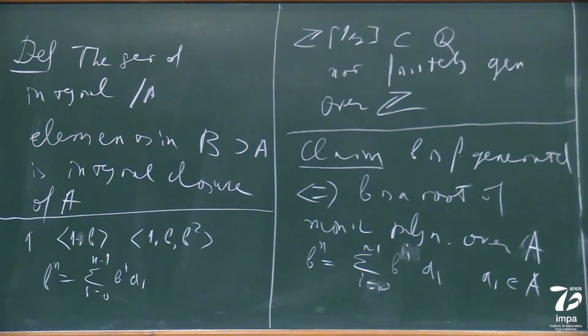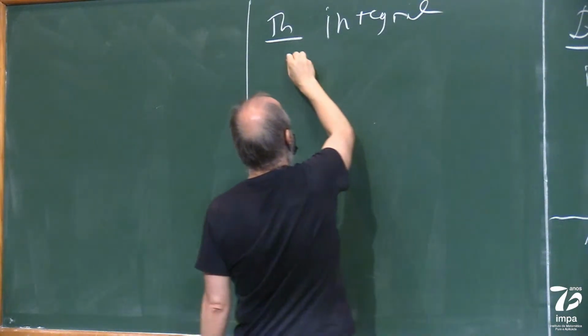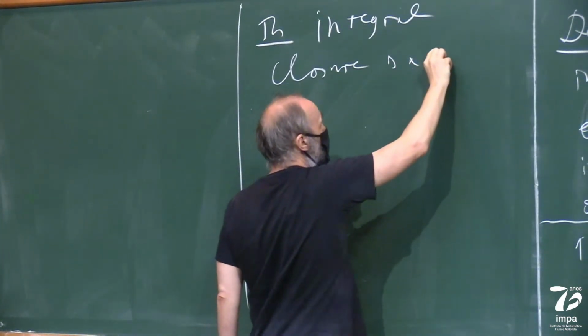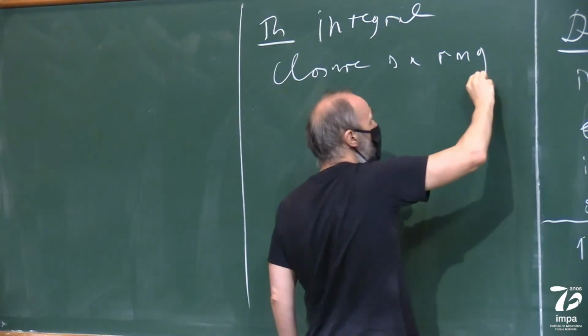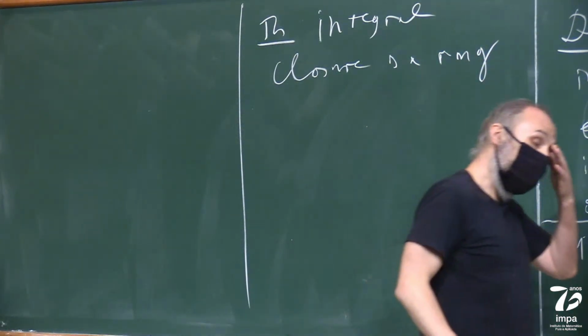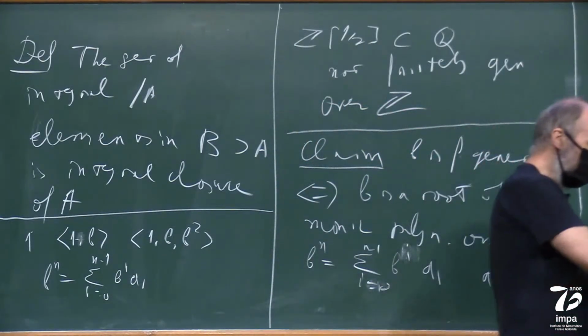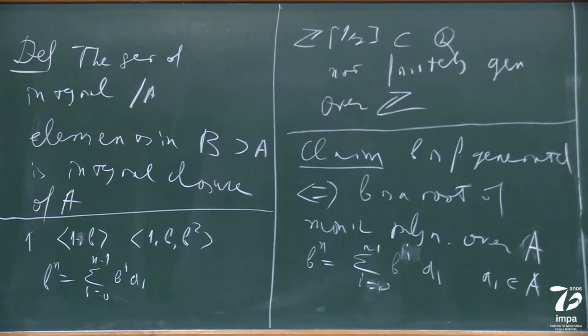Theorem: the integral closure is a ring. The point is that if you have two roots of monic polynomials, then the sum is also a root of a monic polynomial.